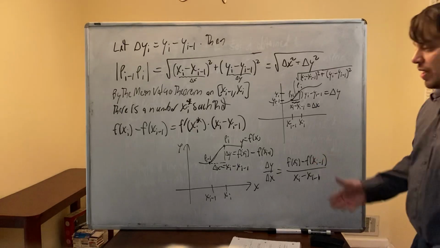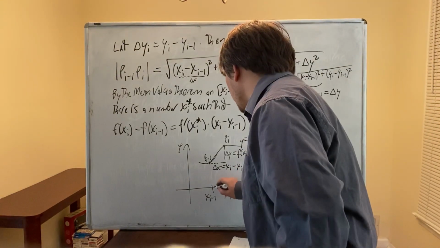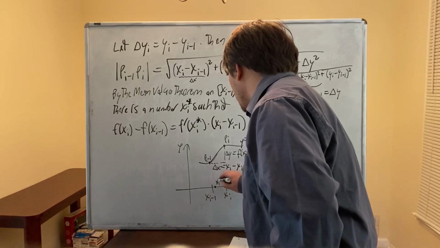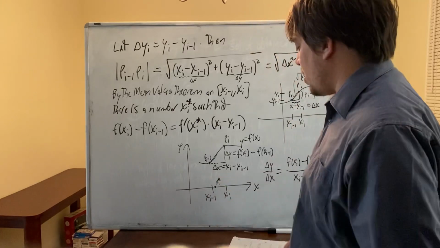Okay, and so the mean value theorem says that there's some point on the curve, call it x sub i star, because it's a point in the ith subinterval.